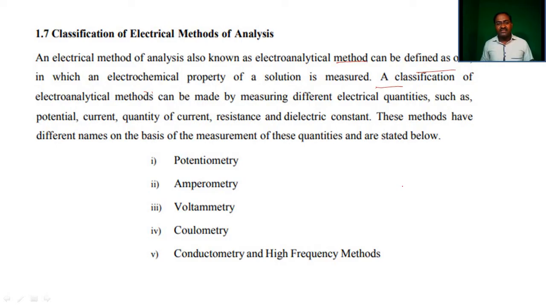A classification of electroanalytical methods can be made by measuring different electrical quantities such as the potential, current, quantity of current, resistance and dielectric constant. These methods have different names on the basis of the measurement of these quantities, as stated below.